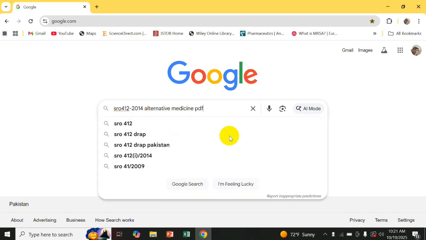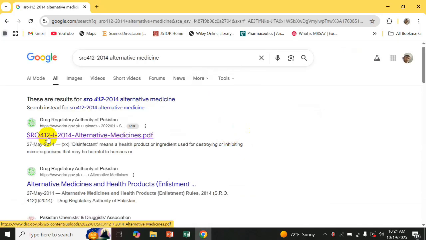If we do not write PDF, it doesn't make that much issue. So we just got here SRO 412 2014 alternative medicine PDF.